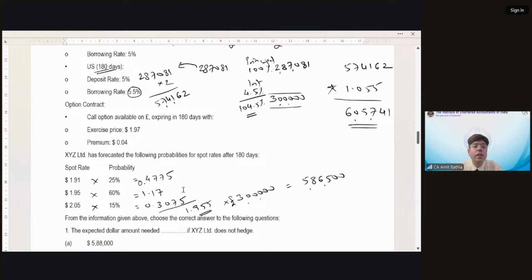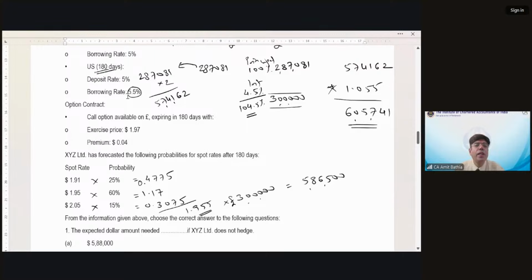So I will get a fresh equilibrium rate. I will multiply that with 300,000 pounds, plus I will also have to pay 5.5% interest on $12,000.